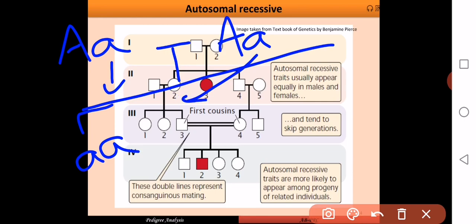Okay, so there will be a possibility for affected individuals, and also a possibility for carriers, and also a possibility for healthy individuals, right? So all these types of individuals have a probability. This is why scientists discourage marriage between cousins.